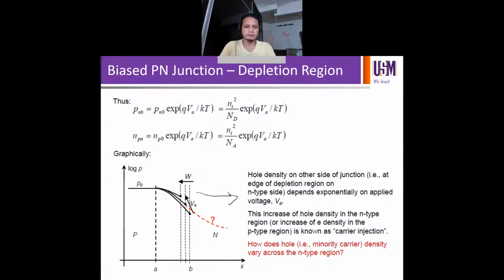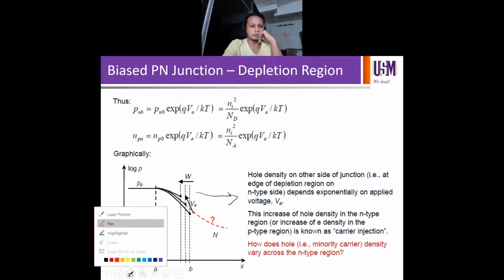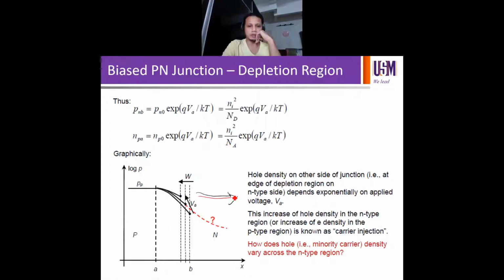So you can see now on this slide, we're trying to calculate the minority carrier densities into the quasi-neutral region on the N side. So this can only be done provided you know the minority carrier density at the end of the depletion region on the right hand side, on the B side.